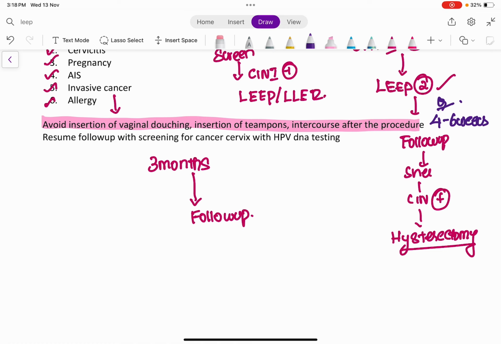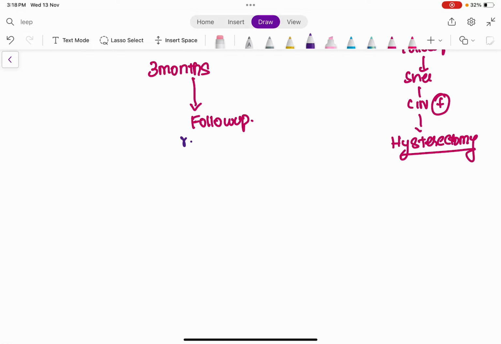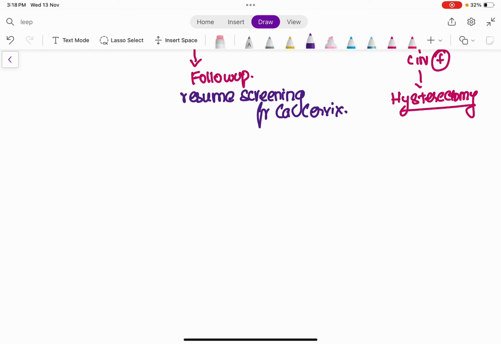So now the procedure is done, the patient is sent home, and she is coming after 3 months for the follow-up. Now I have to resume the screening for cancer cervix in her. Now, if the disease has resolved in her, it is well and good.